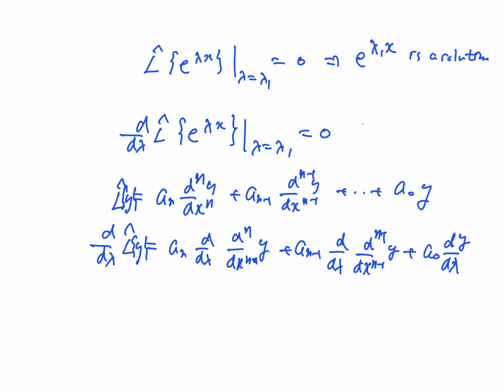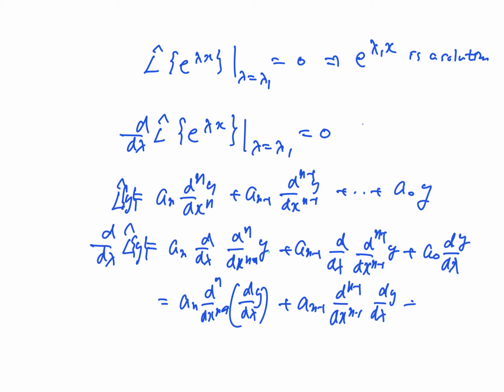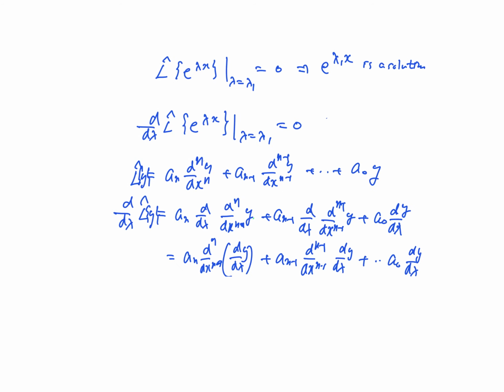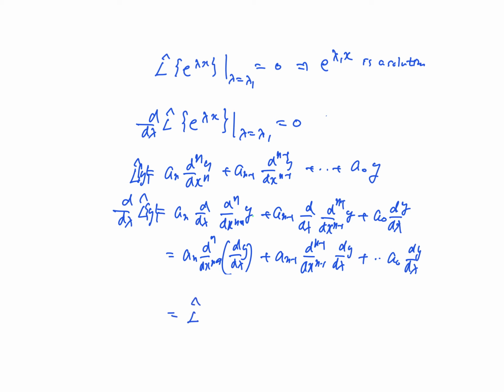We can change the order. So it becomes a_n d^n/dx^n d lambda dy, a_{n-1} d^{n-1}/dx^{n-1} d lambda dy, a_0 d lambda dy. So we can actually write this as L d lambda dy.